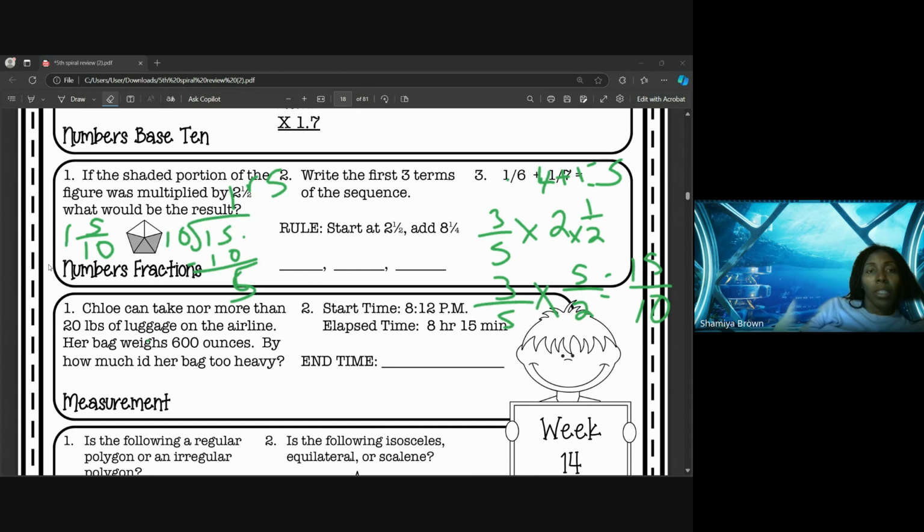So basically, I would have 1 and 1/2 for my final answer. 1 and 1/2 would be my final answer. Okay. So that is what you get when you multiply 2.5 by 3/5.